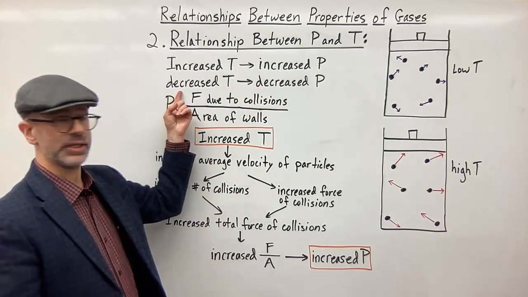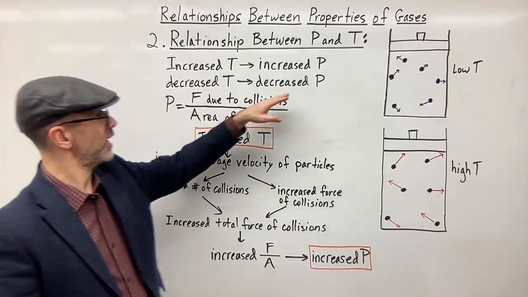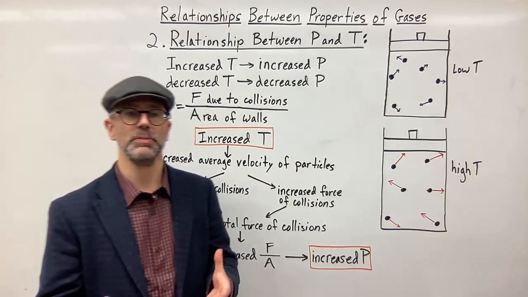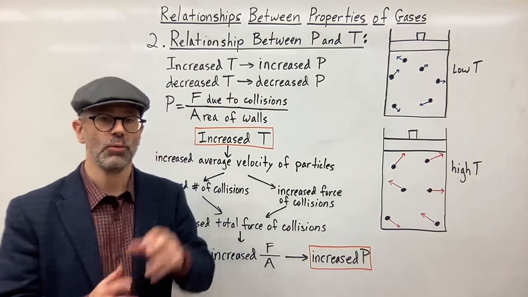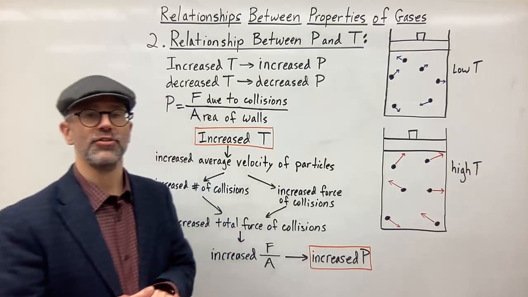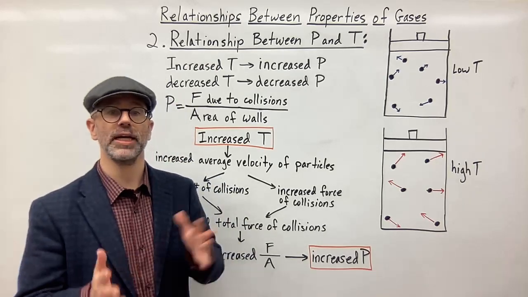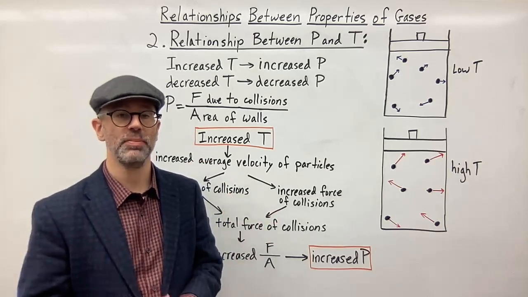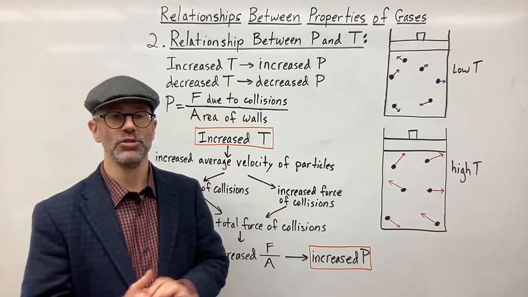If you decrease the temperature of the gas, then that also will decrease the pressure. So we know this from experience. And so what we see here is a direct relationship between the two. As one goes up, the other one goes up. As one goes down, the other goes down.